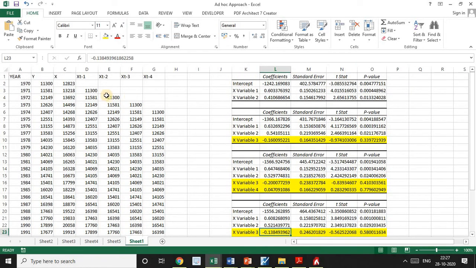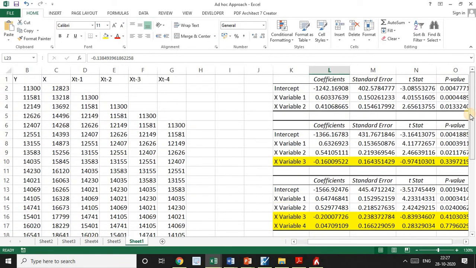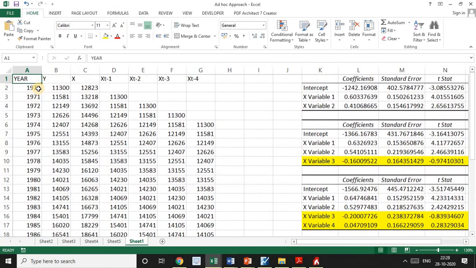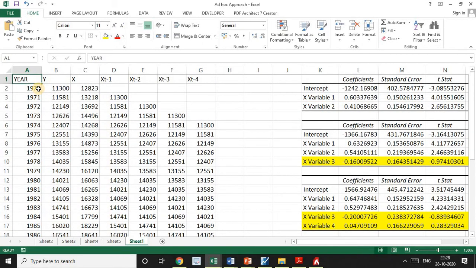So look at this data. This is the variable yt, starting from 1970 to 1999, almost 30 years of data. This is y and this is x. Now what is meant by xt minus 1?